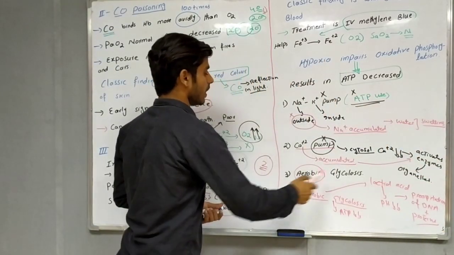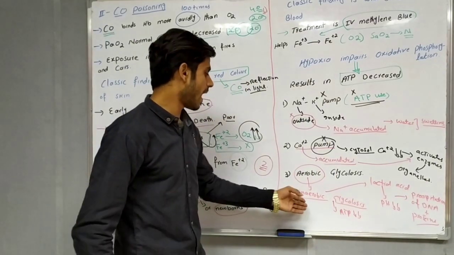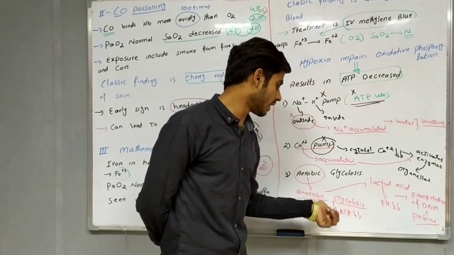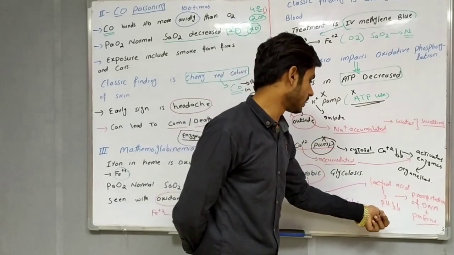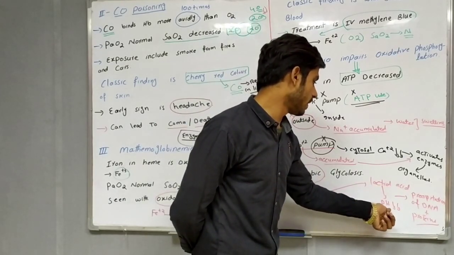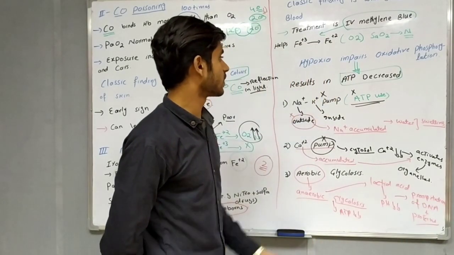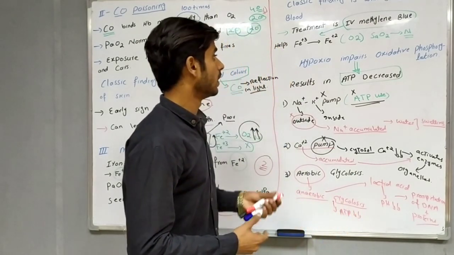When there is no oxygen, there is no aerobic glycolysis, and anaerobic glycolysis takes place. In anaerobic glycolysis, ATP will decrease, and it will also cause the production of lactic acid. This lactic acid will decrease the pH, and when the pH decreases, it will cause the precipitation of DNA and proteins. So these were the three ways through which hypoxia can cause cellular injury.